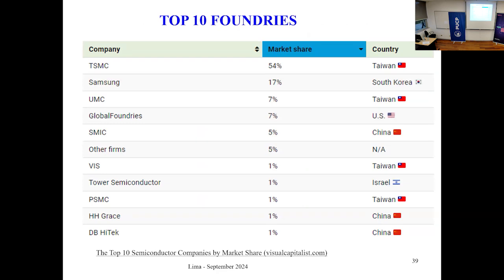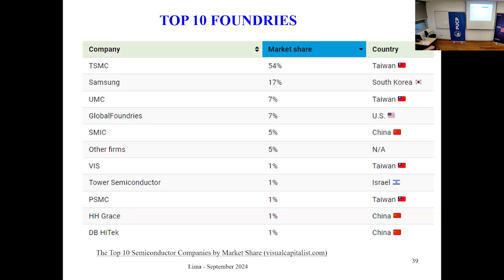Don't go to Intel. They produce chips only for themselves. They don't produce chips if you want to buy. You have to go to a foundry. A foundry is a company that sells integration services. So you ask the foundry, I need something, and then you go to the foundry.